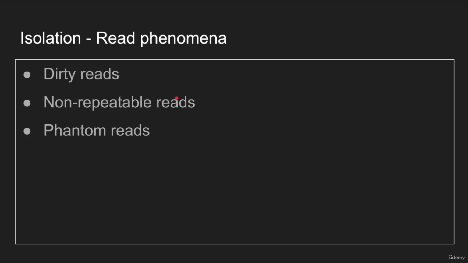It's not really a non-repeatable read. You didn't even read it. It's just something that is inserted that now satisfies your range query. Now if you do another select, you're going to get that phantom new row, and things might go really wrong with that. That's called a phantom read.